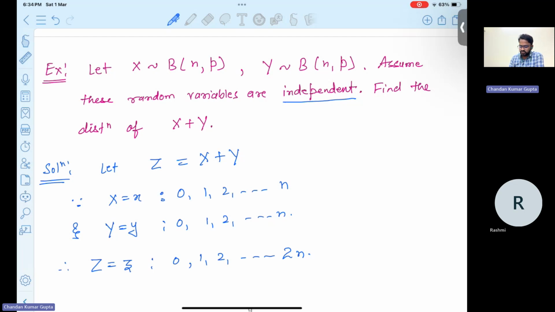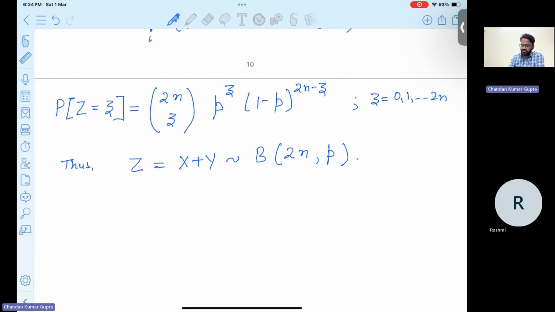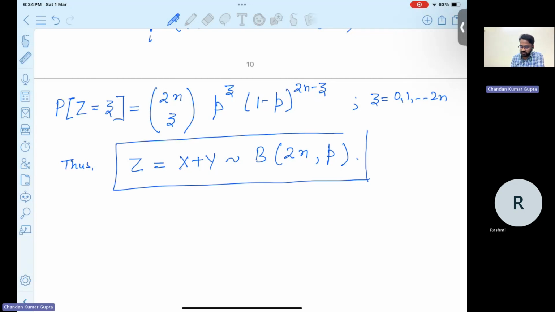Then the Z random variable, which is defined as the summation of X plus Y, is also a binomially distributed random variable with parameters 2n and p.